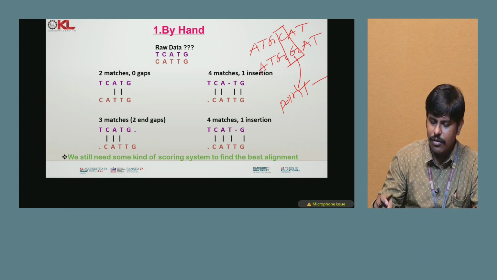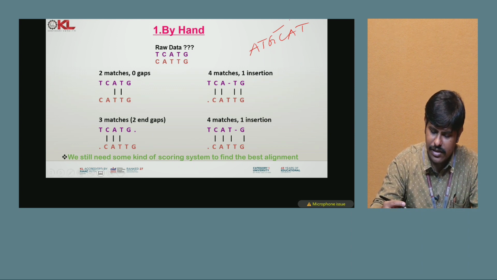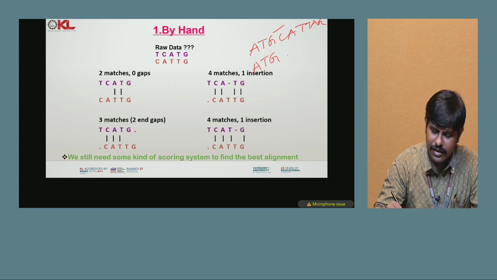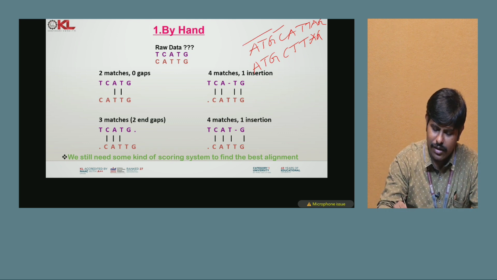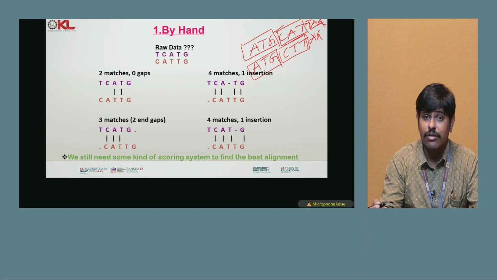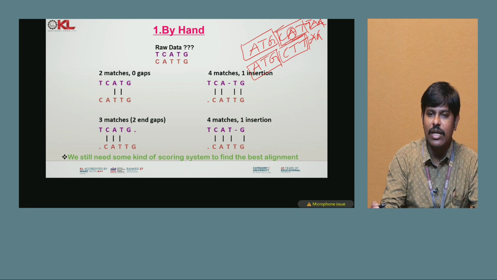Now take another case. Our sequence is ATG CAT, and we extend it with another set of characters, TAG. In the next generation it becomes ATG, then CTT and AG. So here you have three codons in the first sequence, and in the second the first codon is matching, but the second codon mismatches because of deletion of A when going to the next generation.